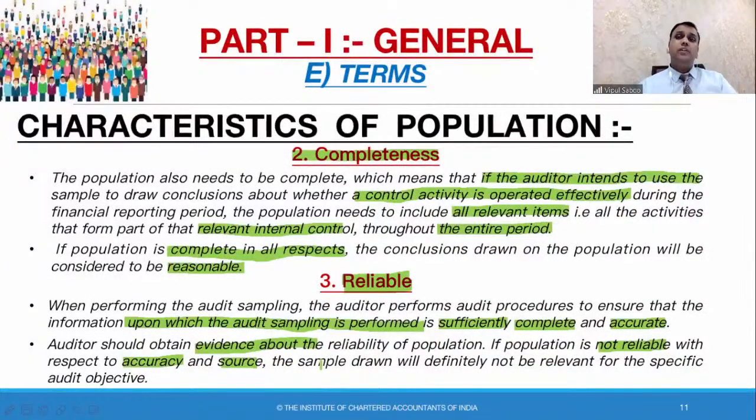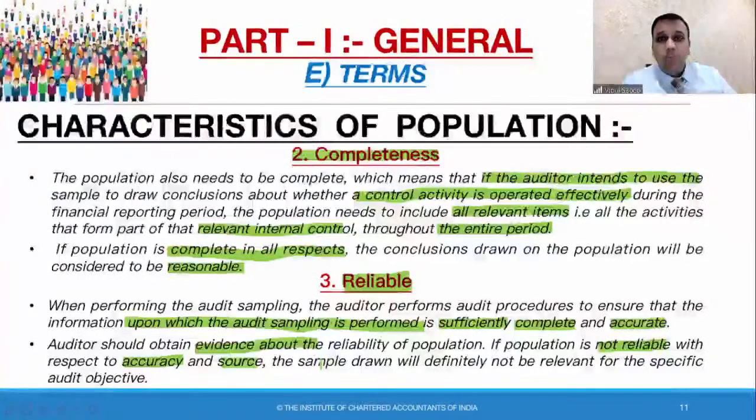The accountant says, sir, I have made entries in the data from a notebook maintained by the accounts head or the salesman. I haven't compared and cross-tallied it with the invoices. Why should I audit them? The population is not reliable. Population in our case is the data. It is not reliable because the source of the population is not okay.